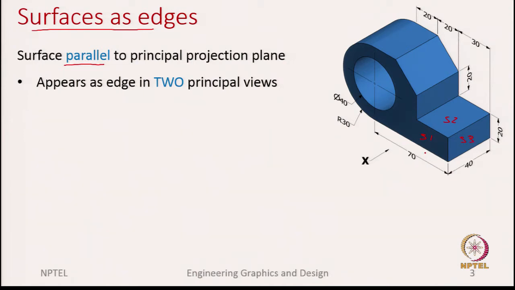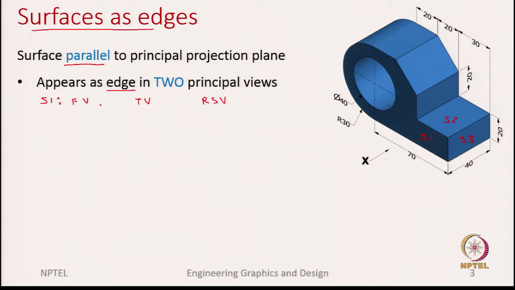In each of these surfaces, if you look at your primary views, the surface will appear as an edge in two principal views. So, let us say I am considering for S1 the front view, top view and the right side view.